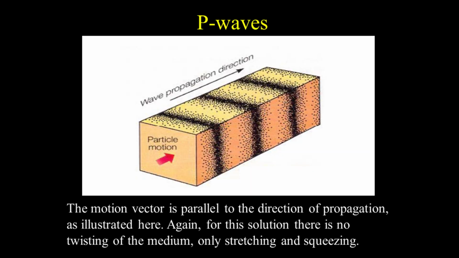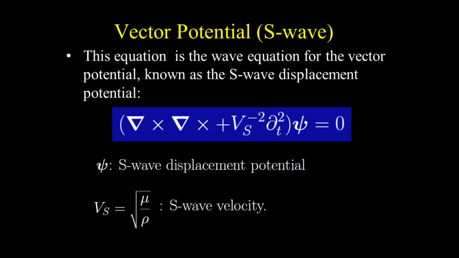The motion vector is parallel to the direction of propagation, as illustrated here. Again, for this solution, there is no twisting of the medium, only stretching and squeezing. This equation is the wave equation for the vector potential, known as the S-wave displacement potential.